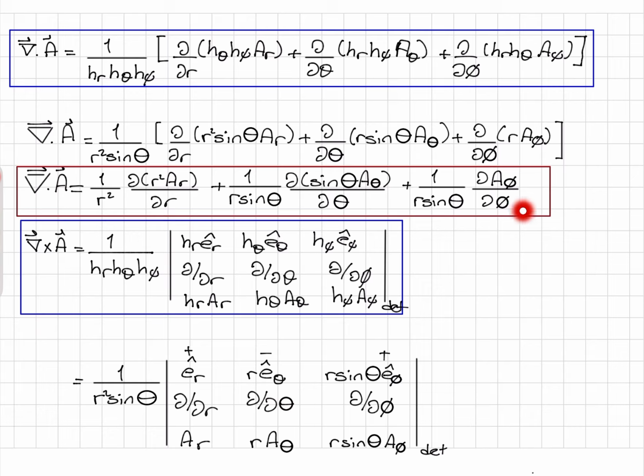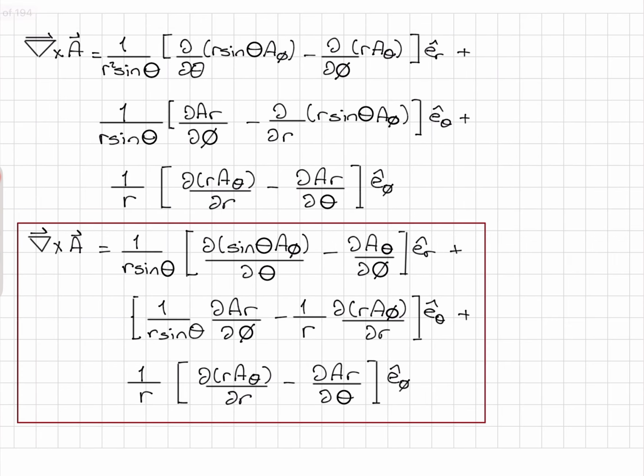So that's what I have done here. And finally, to take the curl, 1 over the product of the scale factors, the unit vectors pre-multiplied by the scale factors h_r e_r hat, h_theta e_theta hat, h_phi e_phi hat, partial derivatives, and then the components of A with respect to the spherical coordinate axes pre-multiplied by scale factors, and taking the determinant and doing some manipulations here, I've obtained my final answer for the curl in spherical coordinates.